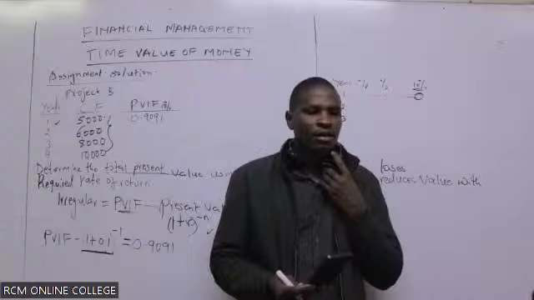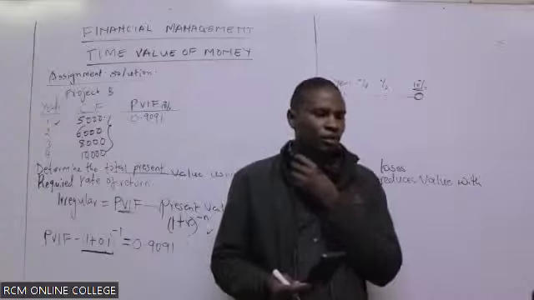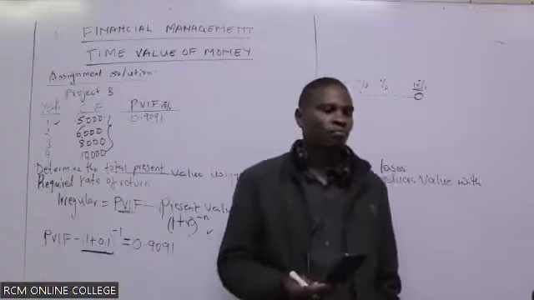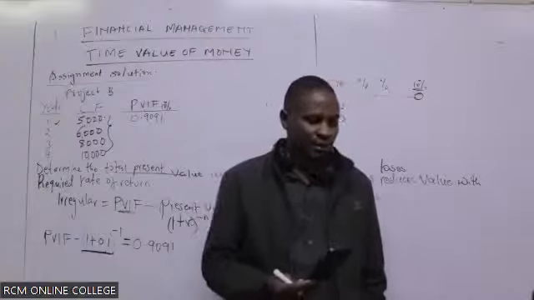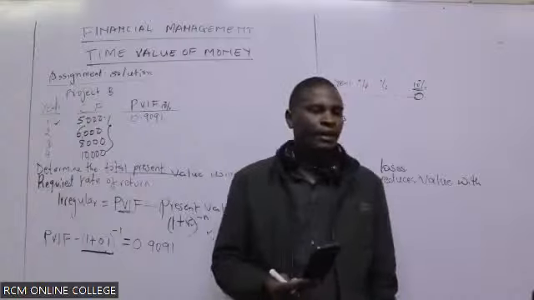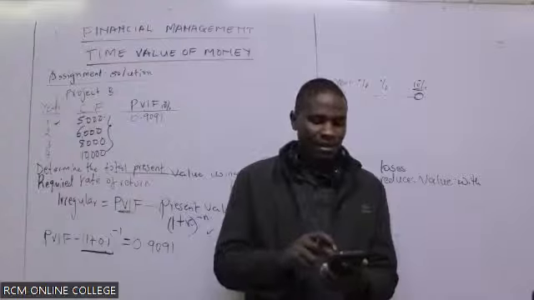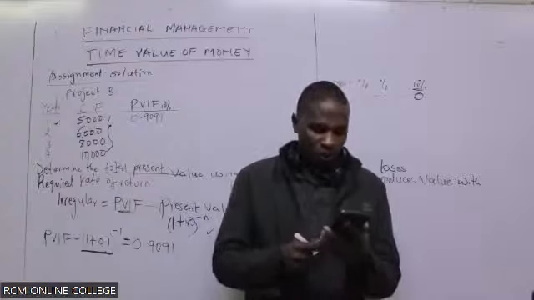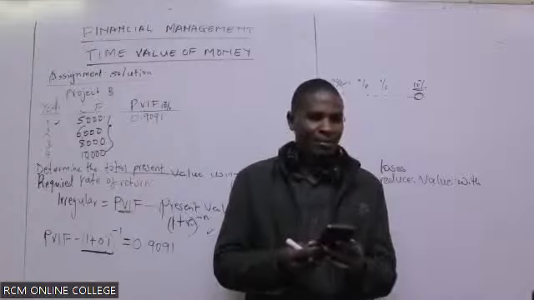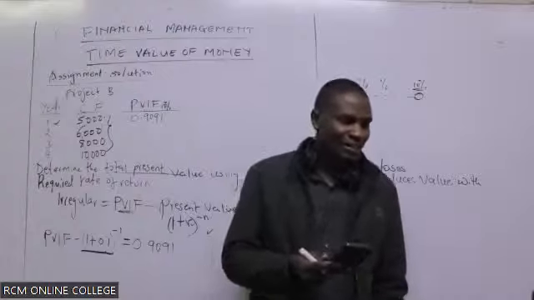13%, 2 years. What is the PVIF of 13%, 2 years? Somebody using the table. I want somebody using the table. What are we getting? 0.7831. 13%. I hope, Gathoni, you have used the table. What about Jane?